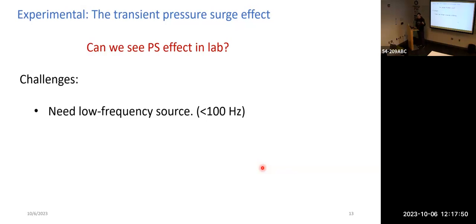But here, according to the 2D numerical simulation, we need an acoustic source frequency less than 100 hertz. And we need a large fracture model, because if the fracture model is small, the Krauklis wave is very weak, and we cannot observe the obvious amplification.